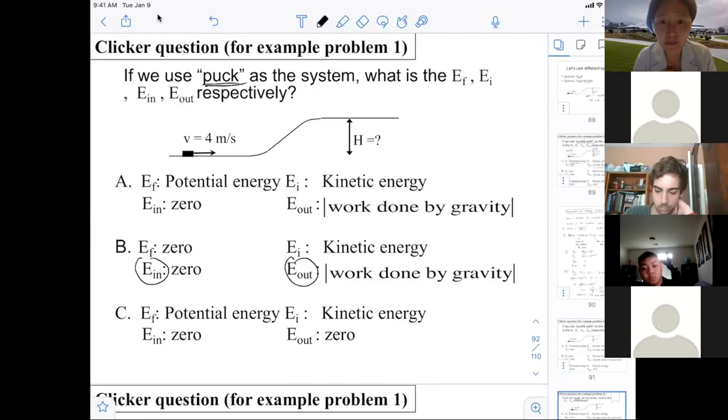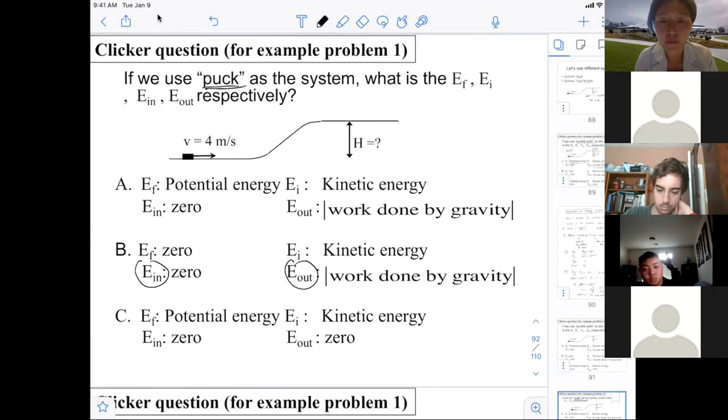All right, so 10 more seconds for last minute vote. Let me go ahead and close it and we can take a look.